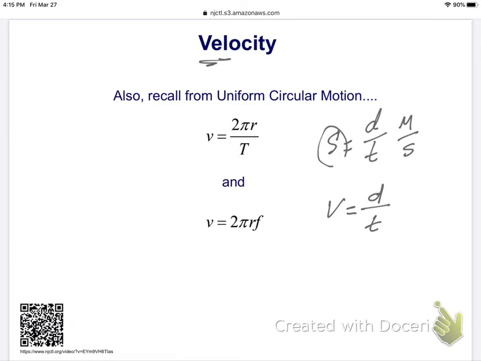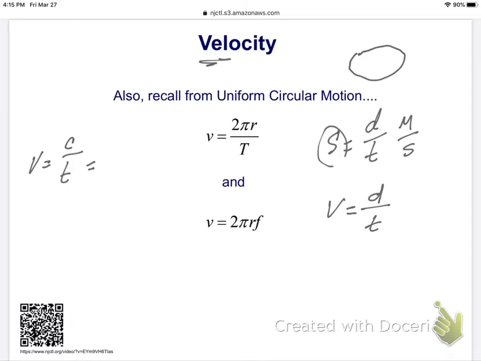Now, if we're going in a circular motion, what's the distance around an entire circle? Well, the distance is its circumference. So velocity equals circumference over time.